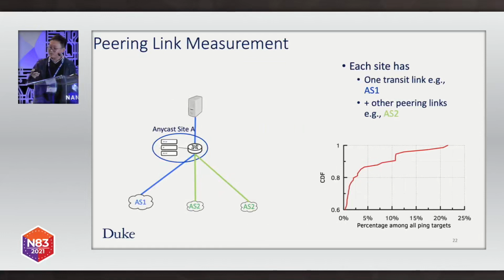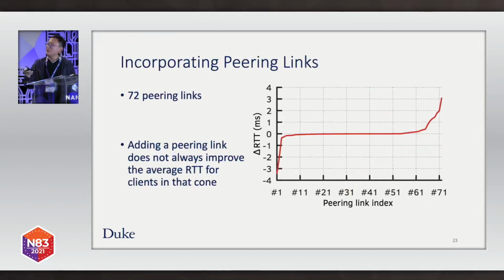So the transit provider is just one part. We also have a large volume of peering links, so here we also measure the peering link coverage. From the CDF, we can see around 80% of all peering links cover just 2.5% of all customers. And different peering links bring different impact to the overall performance.